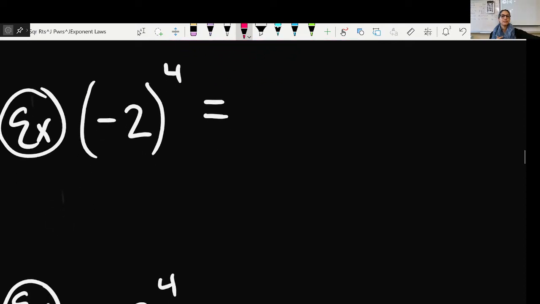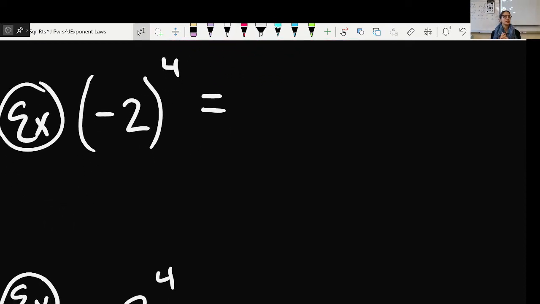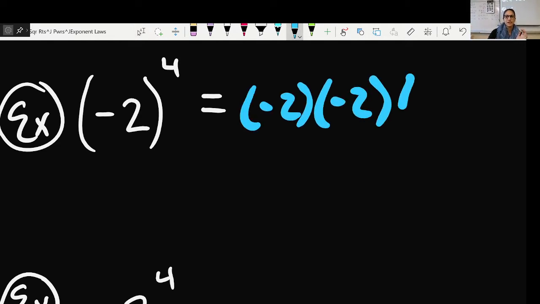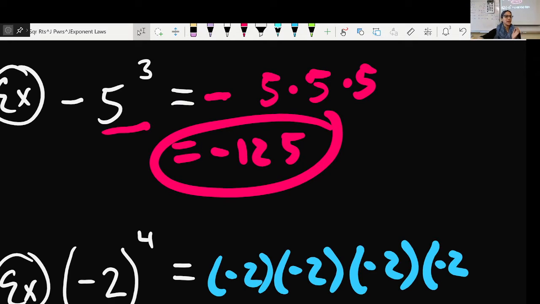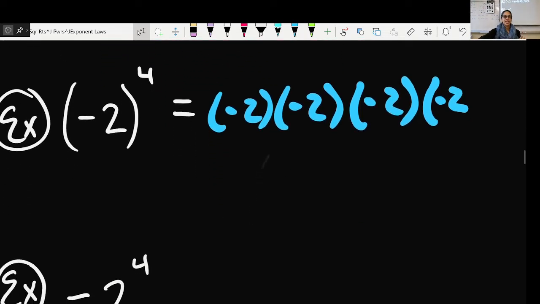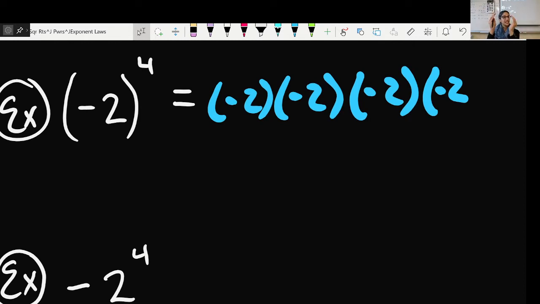Next one, negative 2 to the 4. What does this one mean if we're writing it in expanded notation? Yeah. Negative 2 times negative 2 times negative 2. Good. Negative 2 times negative 2 times negative 2 times negative 2. And so notice the subtle difference between this one and the last one. Do you see in the last one the negative sign was outside the brackets? This time the negative sign is inside, so we are multiplying that out.